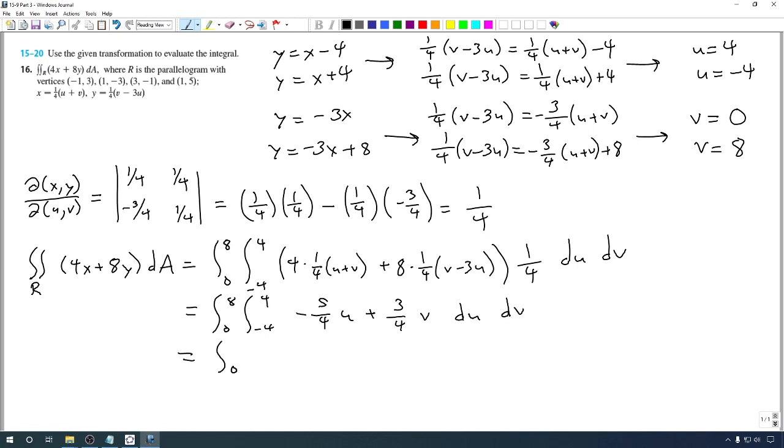If we integrate with respect to u, this is going to turn into a -5/8 because we have to raise that power to a 2. But then we just have a 3/4 u times v. We go ahead and plug in our values, and I guess we'll do this on the next page.